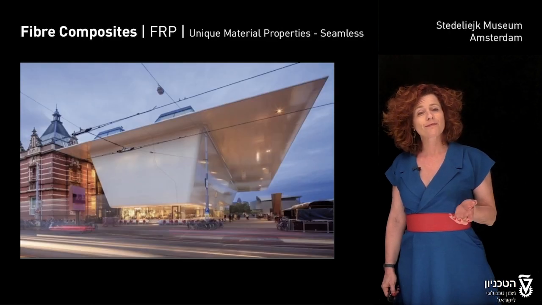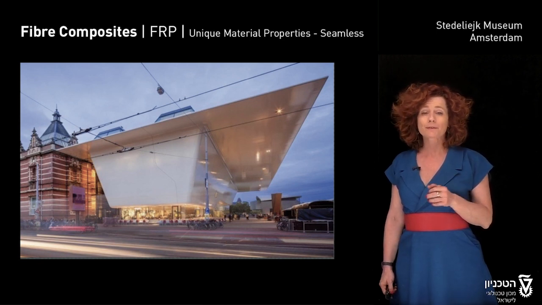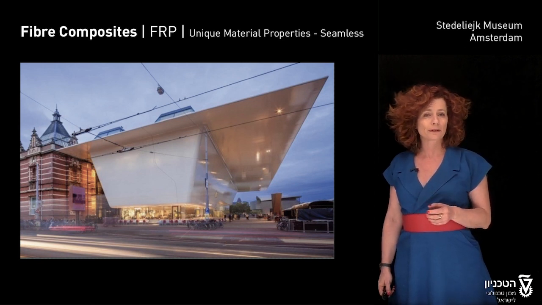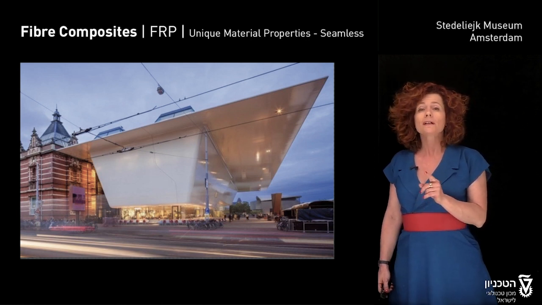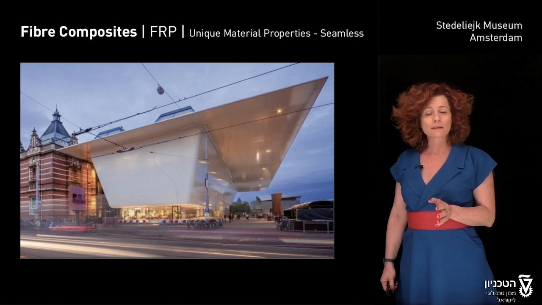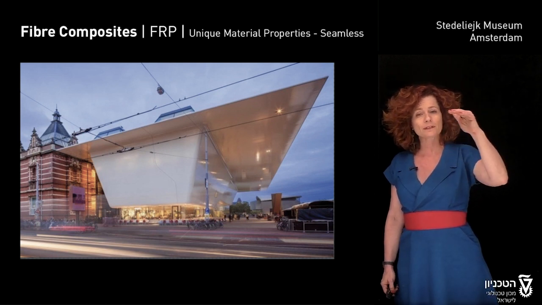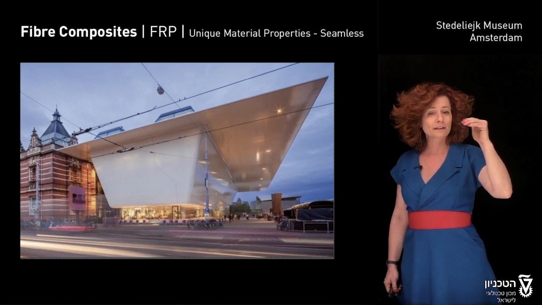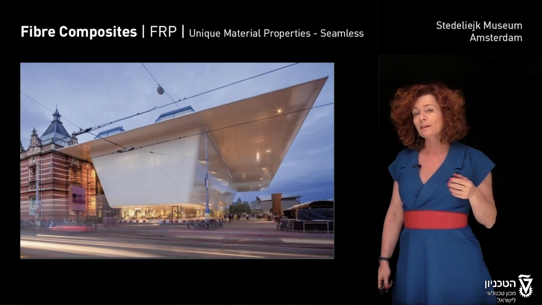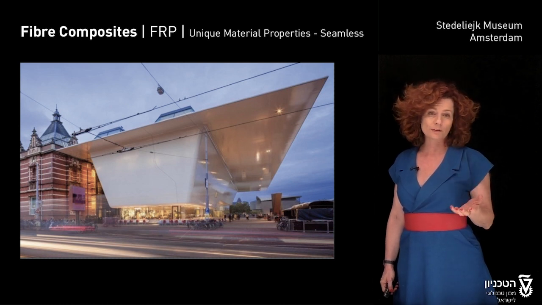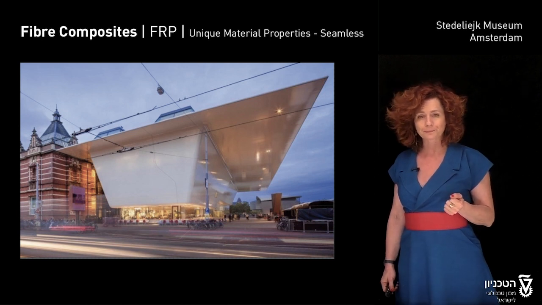We continue with a few more examples of contemporary applications of fiber composite, demonstrating the unique properties and the opportunities that these bring to the world of architecture. So here with the Stedelijk Museum, its extension in Amsterdam, the canopy, you see a huge cantilever, very elegant, very thin section, very little material, thanks again to the strength, the lightness, and the stiffness of this engineered material.